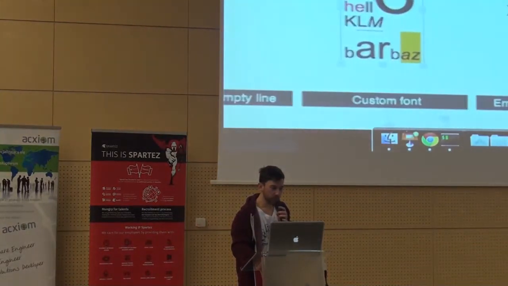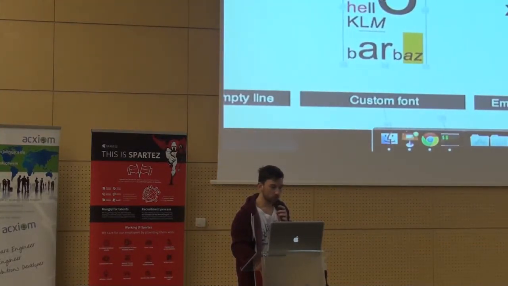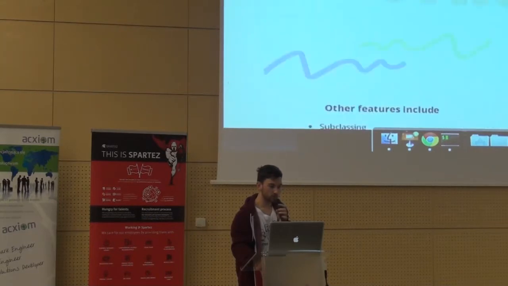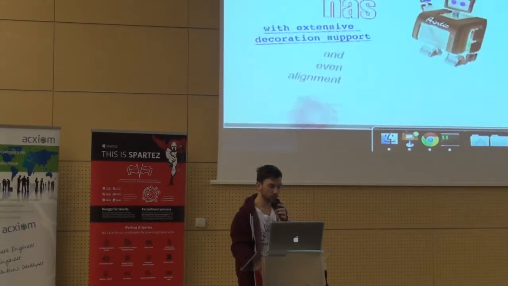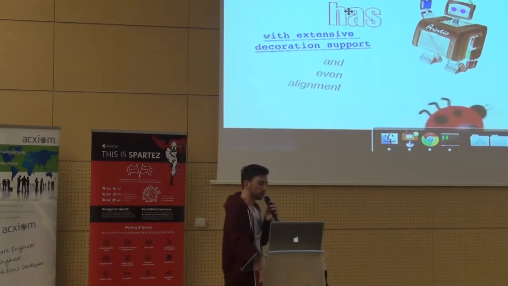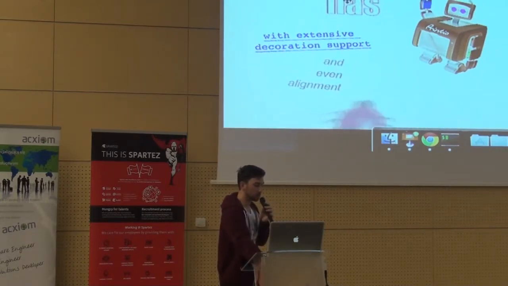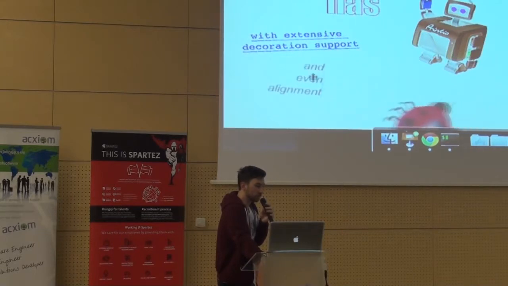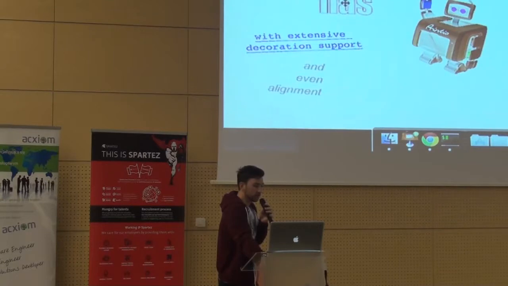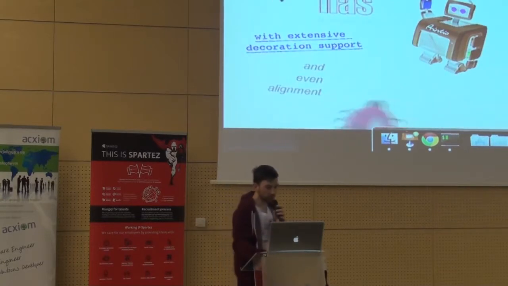Here's an example of interactive text. You saw when I showed you the example on the front page, and I said that these are all Fabric text objects, even though they have very extensive support for different decoration and alignment and even multiple lines, which native canvas does not have, and Fabric provides because it's convenient.